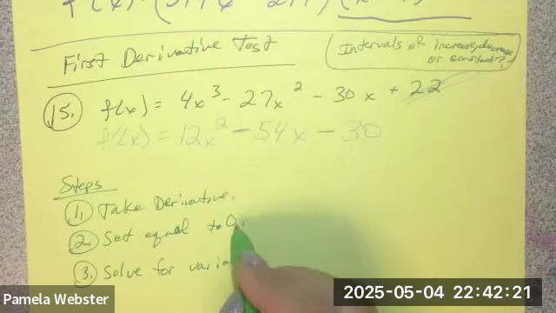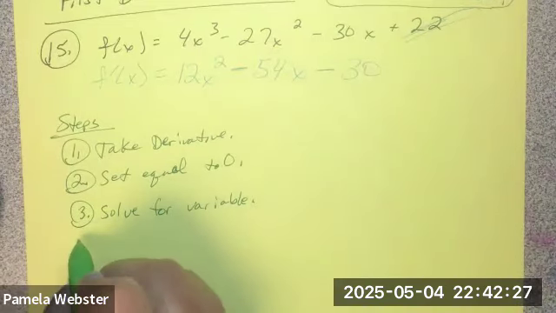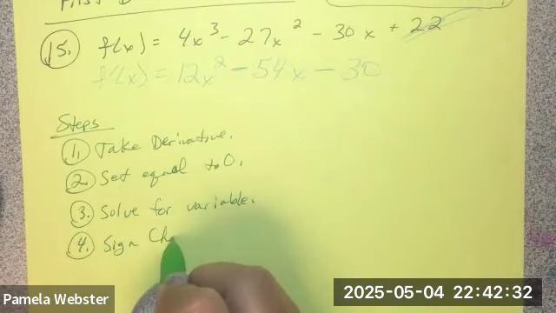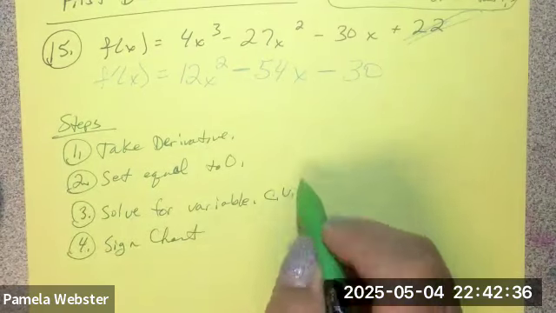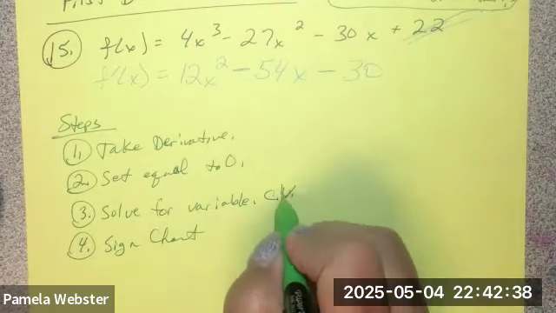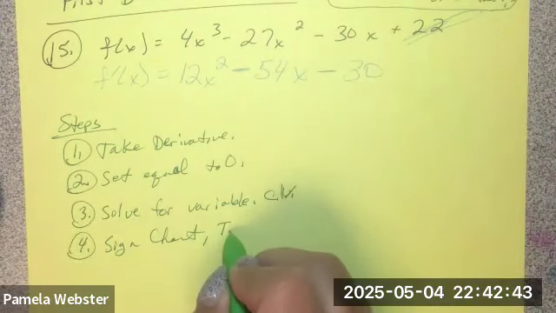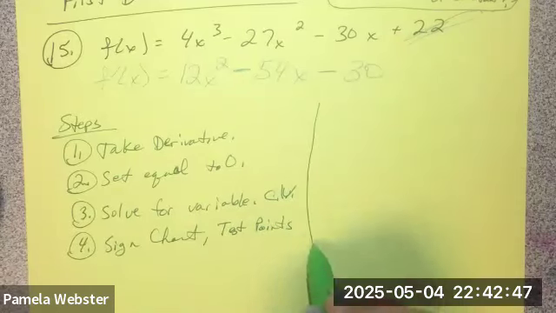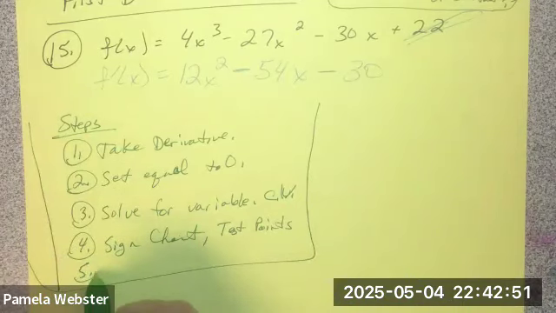Okay, and these 3 steps we do over and over and over again. And then once we've done that, we're going to do a sign chart. Solve for the variable, that's my critical values, right? CVs. Do my sign chart, and if needed, which it will be, we're going to pick some test points. Then the last step is interpret, right?